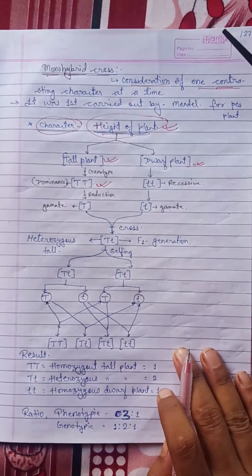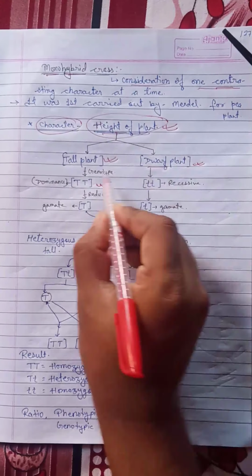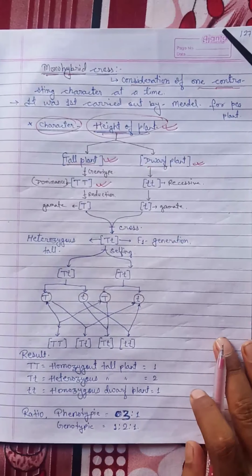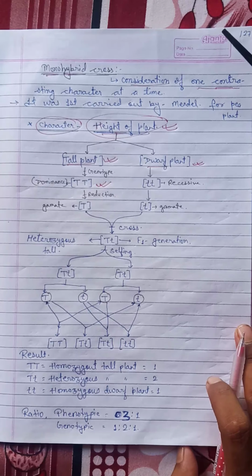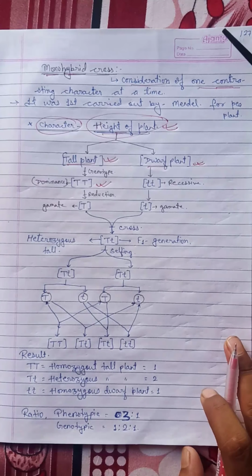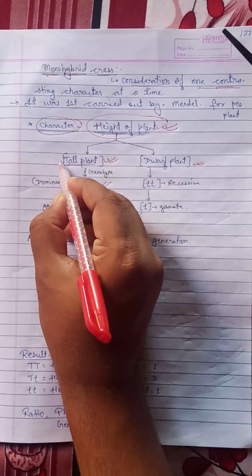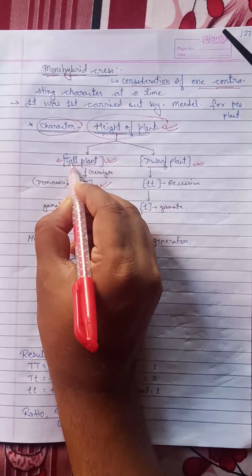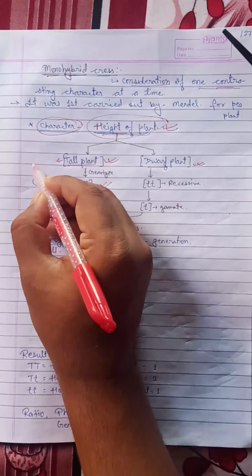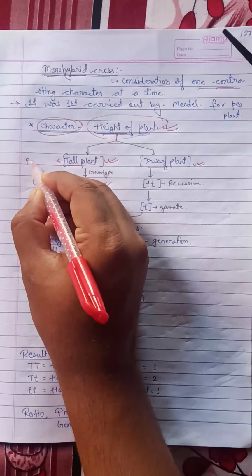Can you tell me whether dwarf plant or tall plant is an external appearance or not? Yes, it is an external appearance. That means we can simply write here, it is tallness of plant, and we can simply say it is the phenotype.